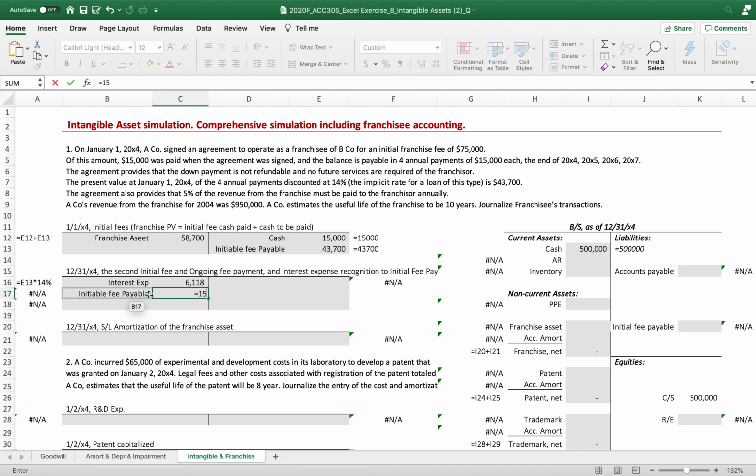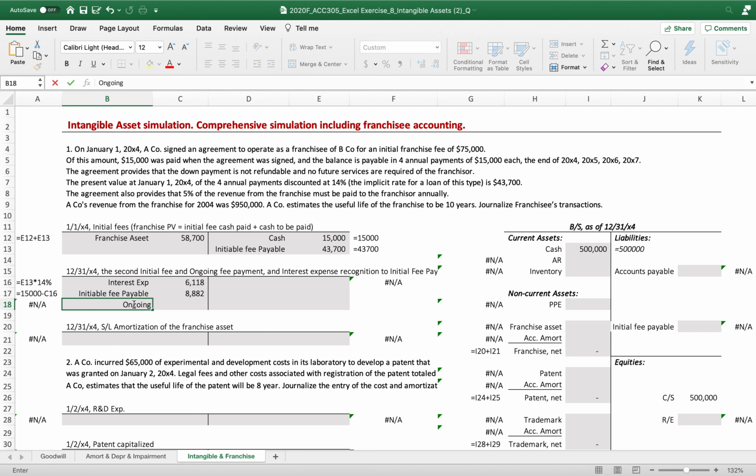So the $15,000 payment minus the interest, that is the annuity rule. So the total is $15,000. Is that correct? And then how much does the company pay? Right, the ongoing fee as well.